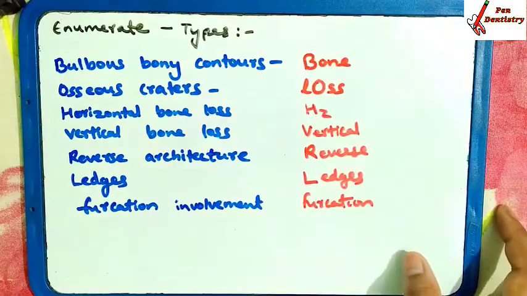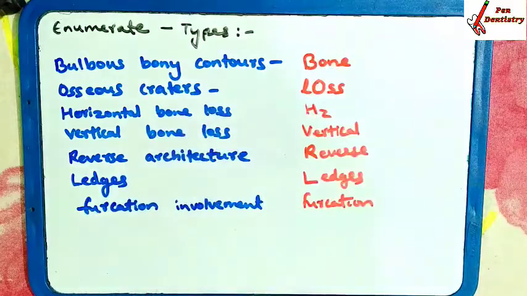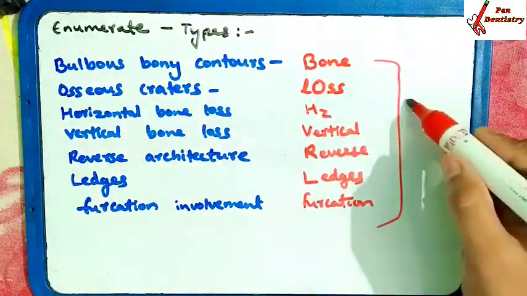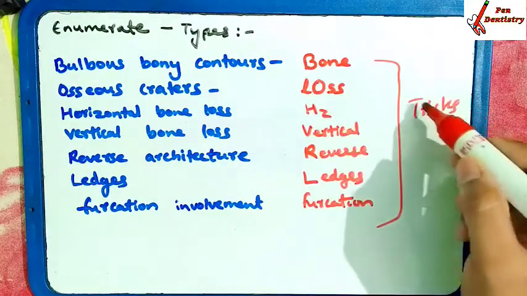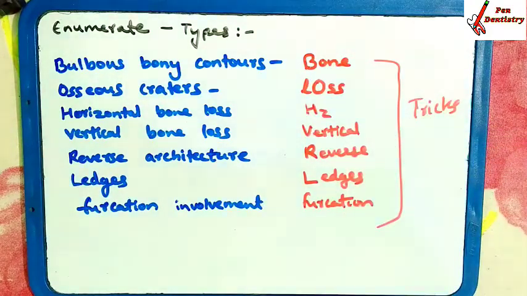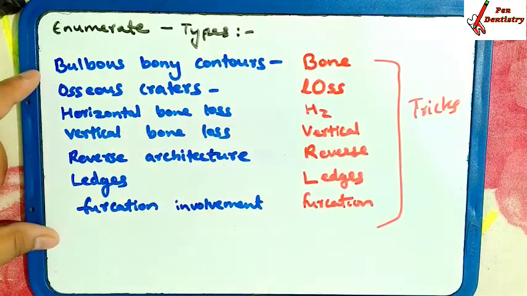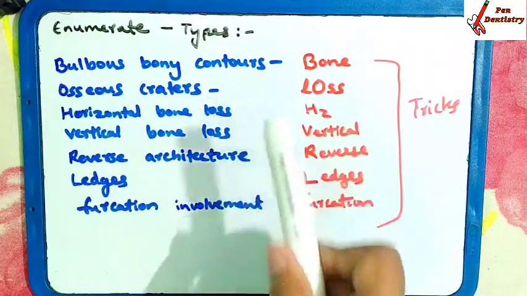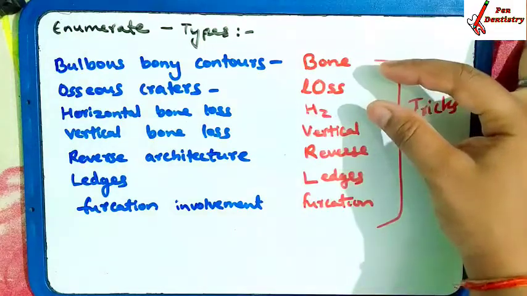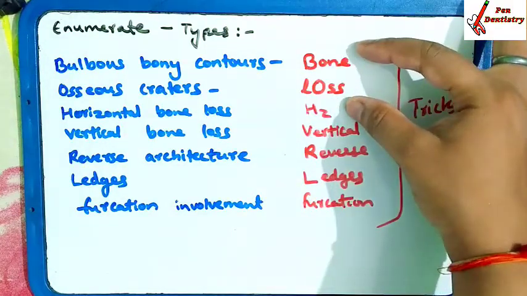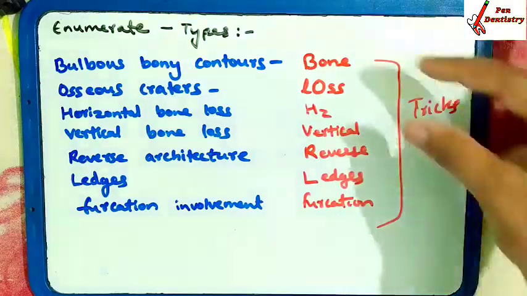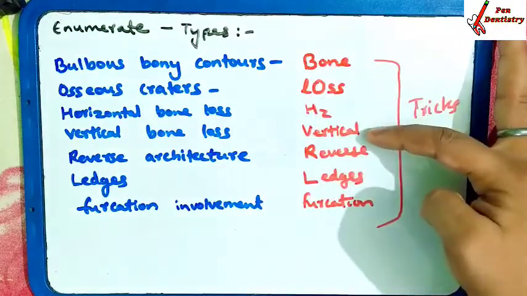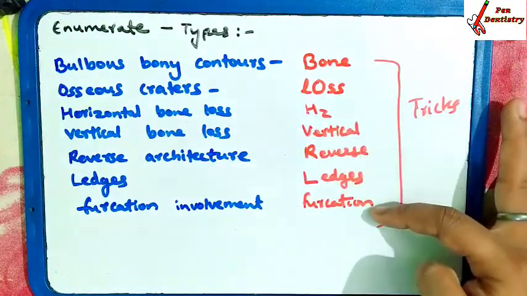Now how are you going to enumerate the types of bone loss? I have used a trick here, a mnemonic, to learn the names of the different types of bone destruction pattern. The trick is "Bone loss": as you are learning the bone loss pattern, bone loss, horizontal, vertical, reverse ledge, furcation.